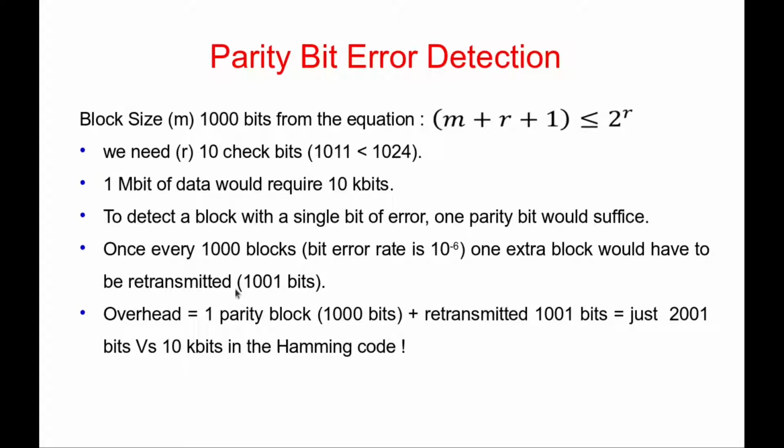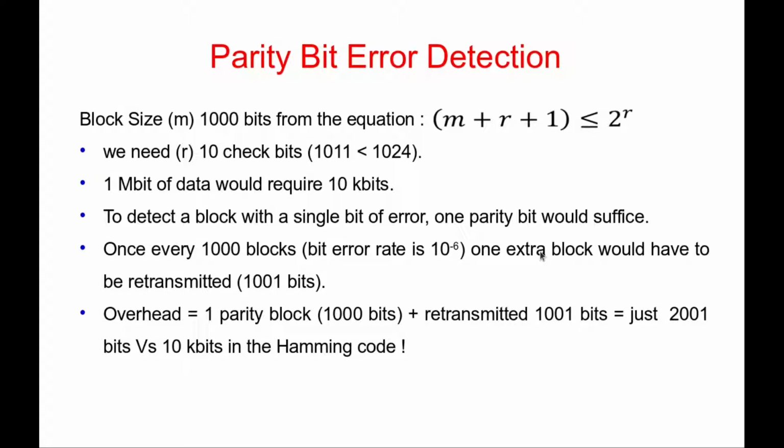What I mean by that is, for example, if you are transmitting 1000 blocks, each of 1000 bits, where the error rate is only 10 raised to minus 6, only one extra block would have to be retransmitted.